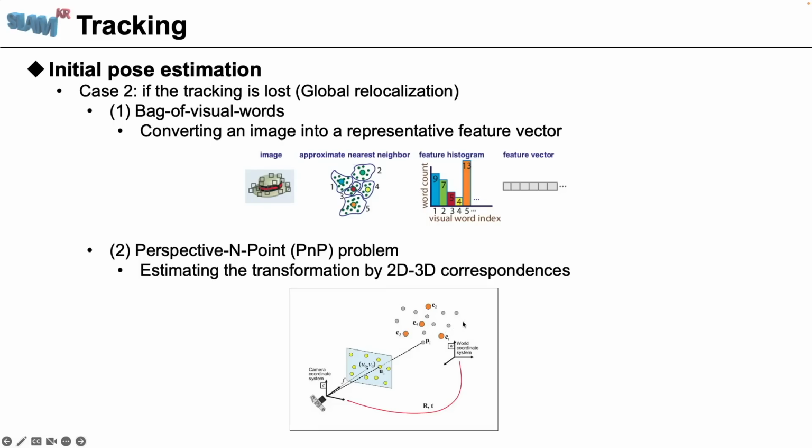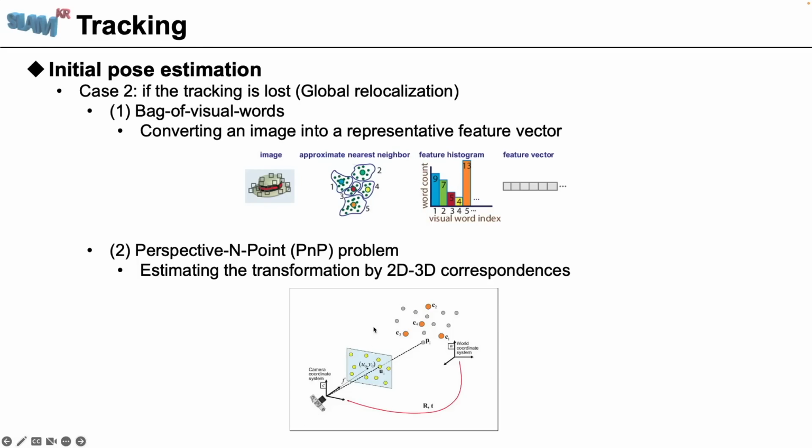Then we can proceed to the geometric verification step. That means the perspective-n-point problem. So we can determine where the camera is located by using the PnP algorithm. Given 2D and 3D correspondences in the scene, the PnP algorithm estimates the correct camera pose in the scene.